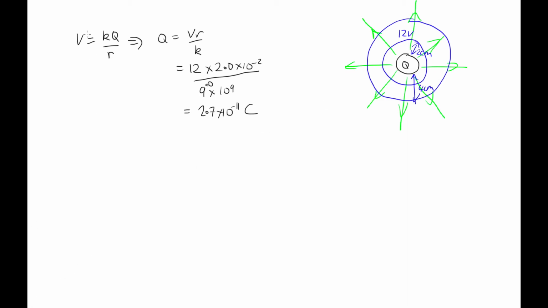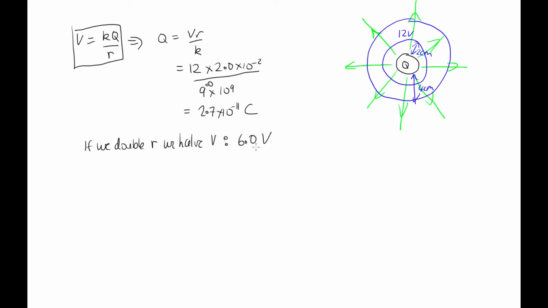So in order to do that, we can look at this equation here, and we can see that if we replaced r with 2r, because 4 centimeters is double 2 centimeters, then we're going to end up with half the voltage. So if we double r, we halve V. So this tells us that the answer is going to be 6 volts.